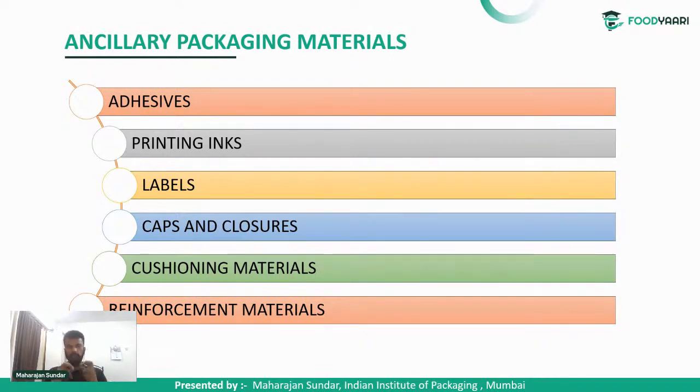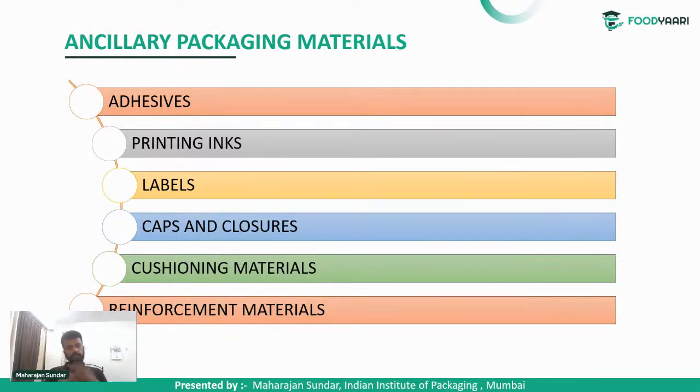Labels again show the ingredients and contents of the products, and labels are of different types. That we will also discuss in the upcoming slides. Caption closures are an important ancillary packaging material. Without them, no packaging exists, no product packaging exists.